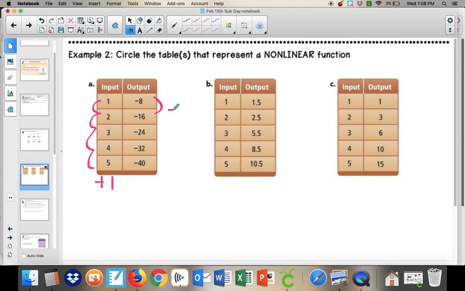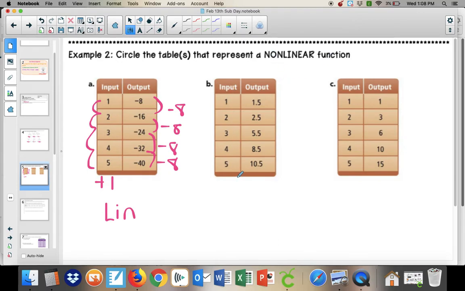My output, I go down 8, because I'm subtracting to go from negative 16 to negative 24. I decrease by 8. Again, down 8 and down 8. Well, the fact that this is consistent, this means that this is actually a linear function. So it is not one that we are looking for because we're looking for nonlinear.